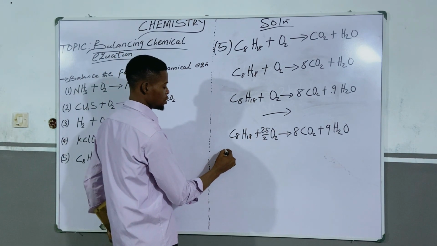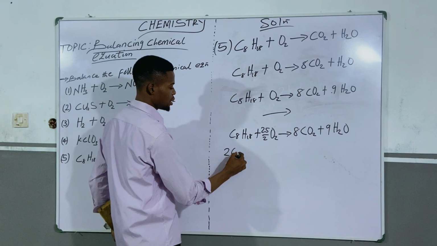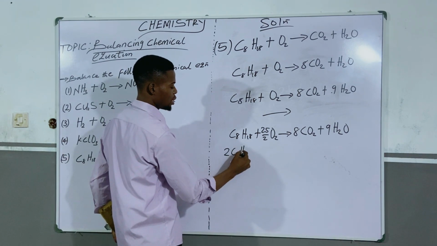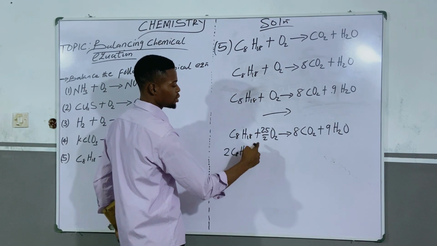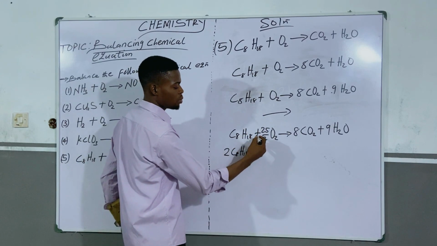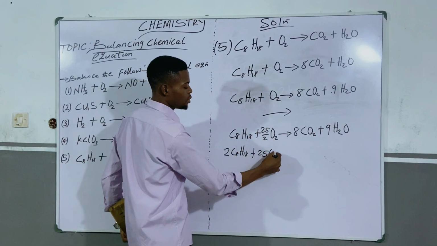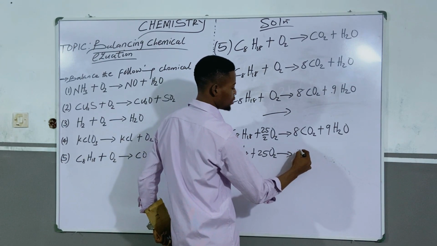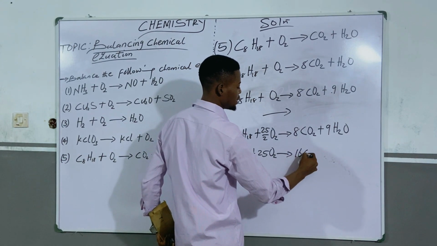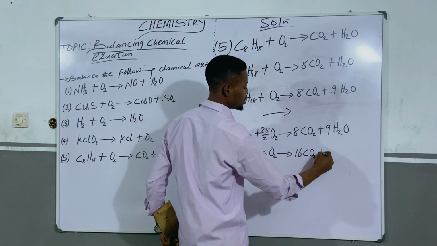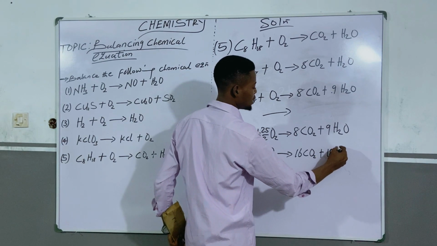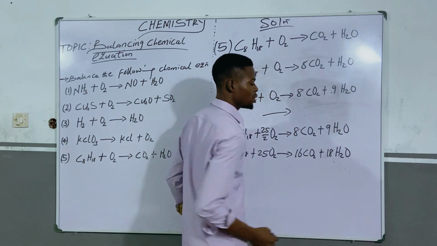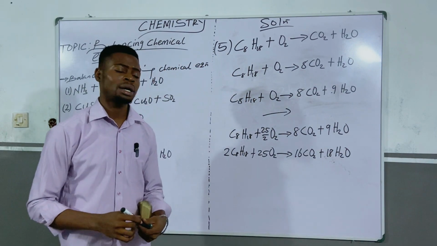We're having 2C8H18 plus, if 2 multiplies this, we are having 25 O2 to give us 16CO2 plus 18H2O. Now do your normal atomic counts.